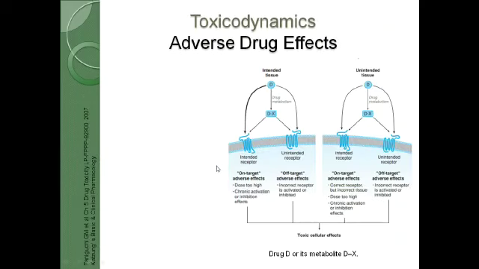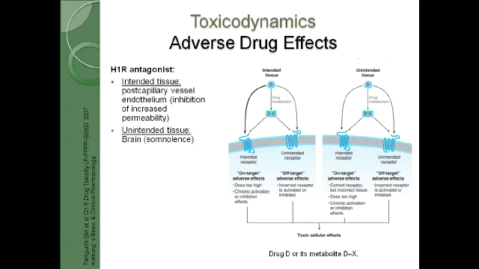So let's understand adverse drug effects, toxicodynamics. Let's think about a histamine type 1 receptor antagonist. When we use such drugs, H1 receptor antagonists, we use them in allergic disorders. And our intended tissue is postcapillary vessel endothelium.